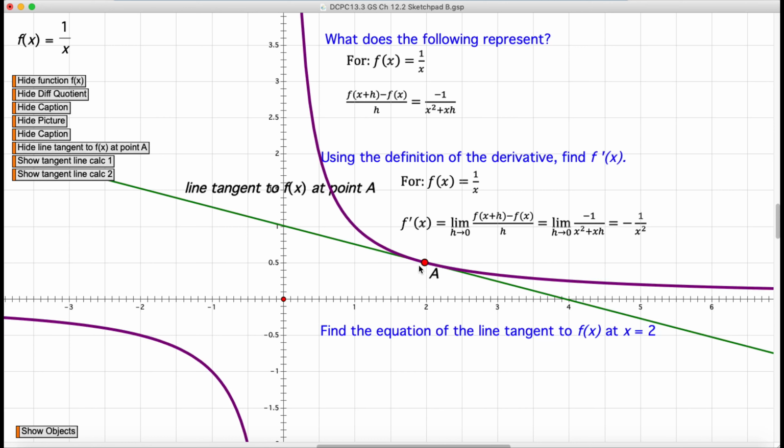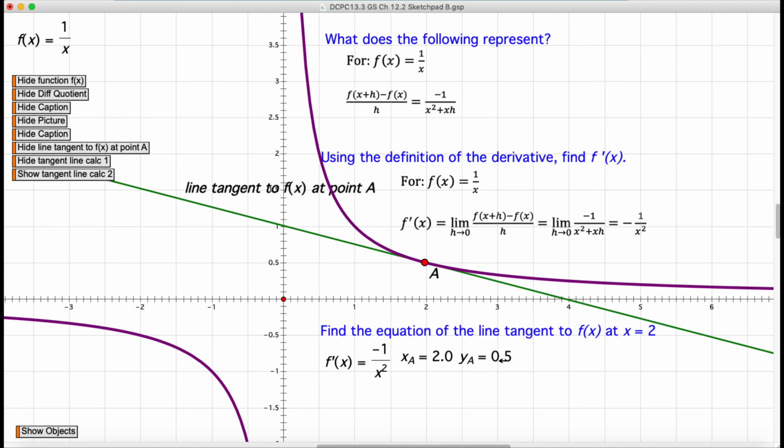Our point we're going to get by saying, if I know my x value on my function, the y value on my function is going to be the y value for that point, because this is a tangent line and they share that point in common. At A, x is equal to 2, so using the original function f of x, my y value is going to be 1/2 or 0.5.